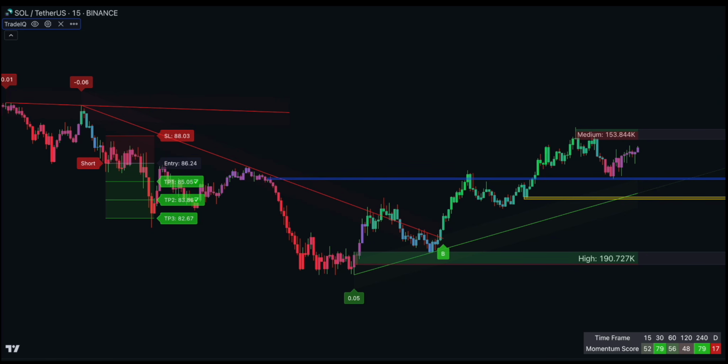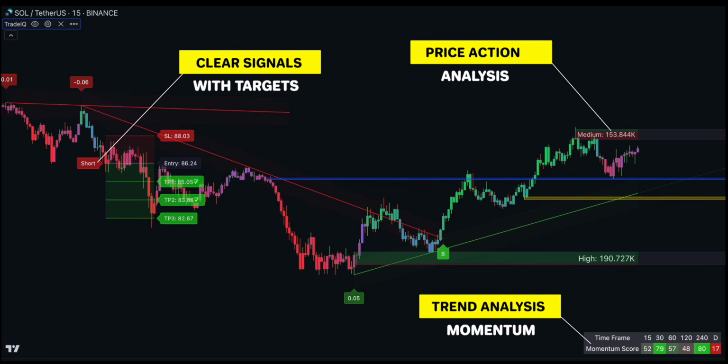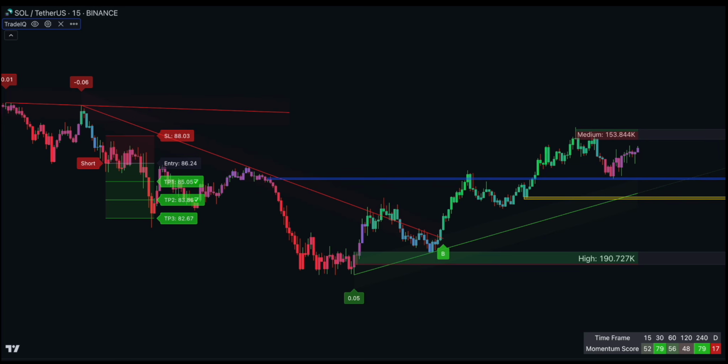What sets this tool apart is its holistic approach to market analysis, providing traders with an all-encompassing solution. Unlike other indicators that focus on specific aspects of trading, TradeIQ offers a multifaceted approach. It combines price action analysis, trend identification, and volumetric analysis, offering a more comprehensive view of the market than any single indicator like Orbee Algo or order blocks.